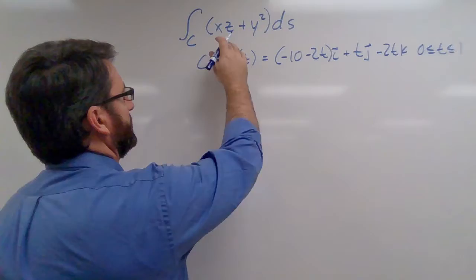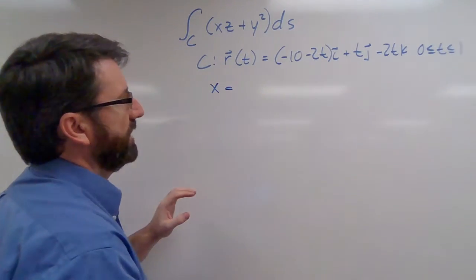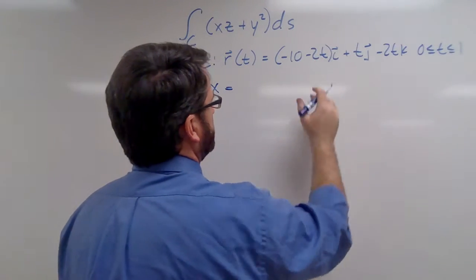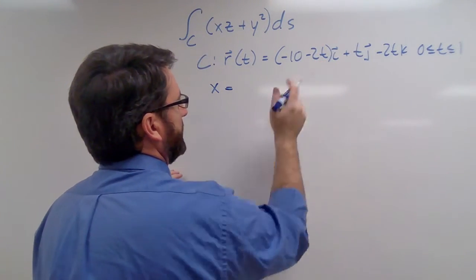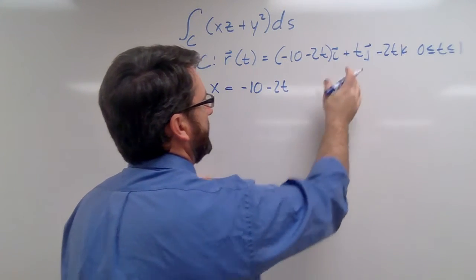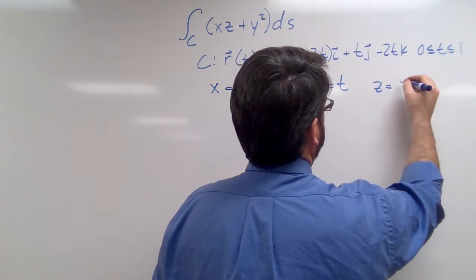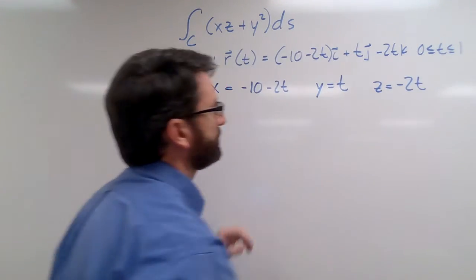So using this curve here, the x component is going to be negative 10 minus 2t, y is equal to t, and z is equal to negative 2t.